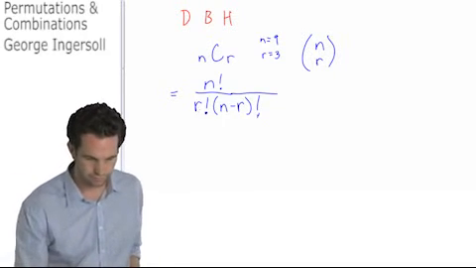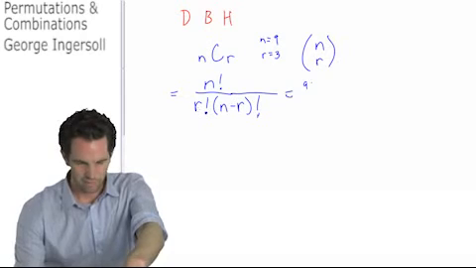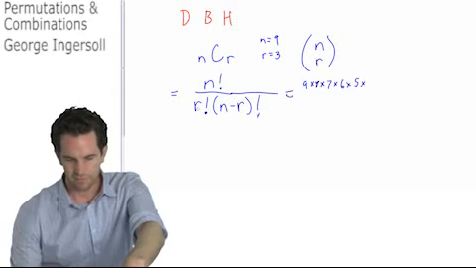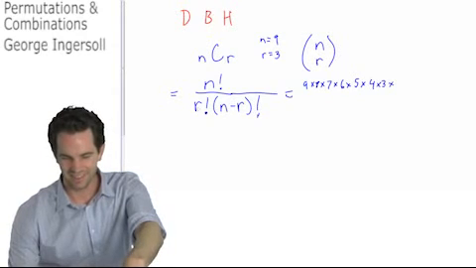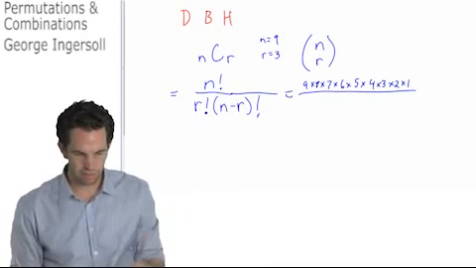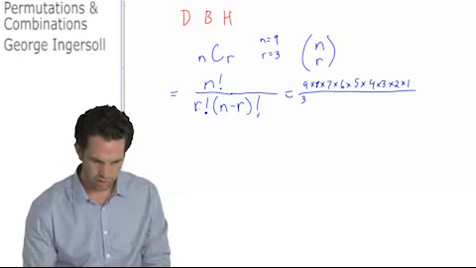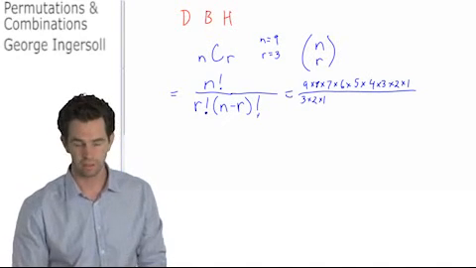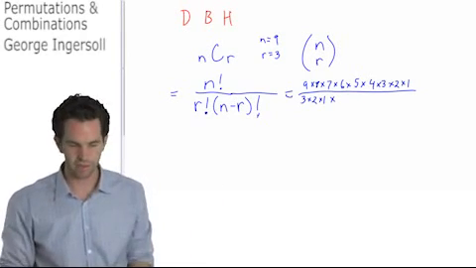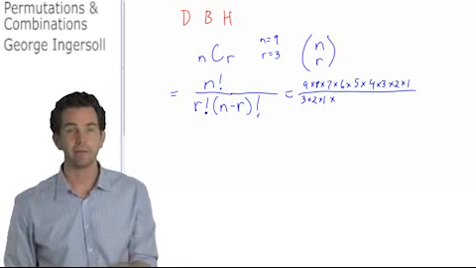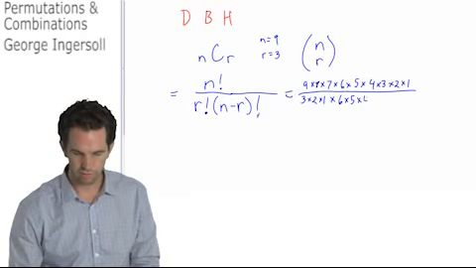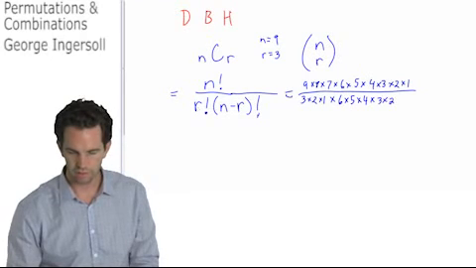So this would look like, bear with me, 9 times 8 times 7 times 6 times 5 times 4 times 3 times 2 times 1 over, well, r factorial, r is 3 here, right? So it's going to be 3 times 2 times 1, and I could put these in parentheses, but it all is going to come out the same. 9 minus 3 factorial is going to be 6 times 5 times 4 times 3 times 2 times 1.